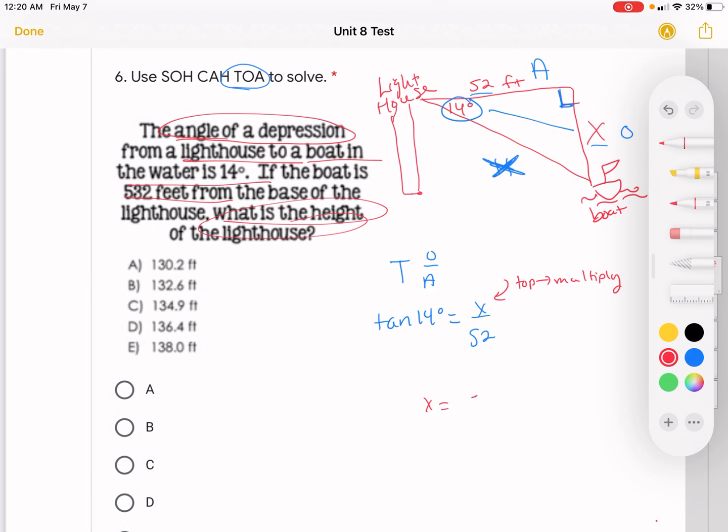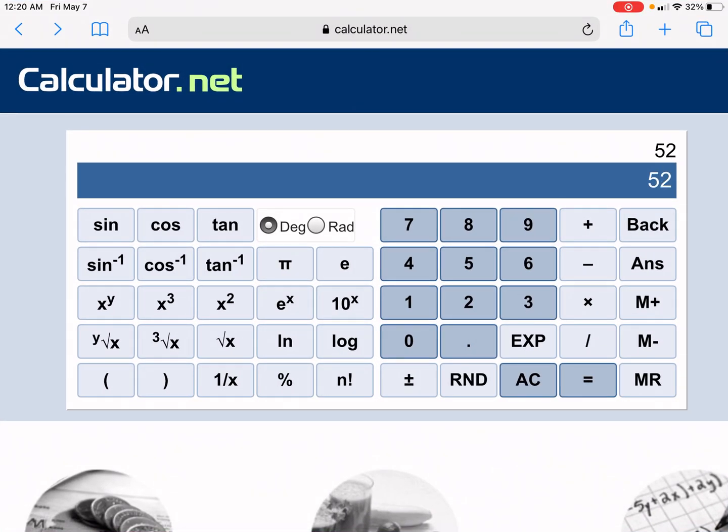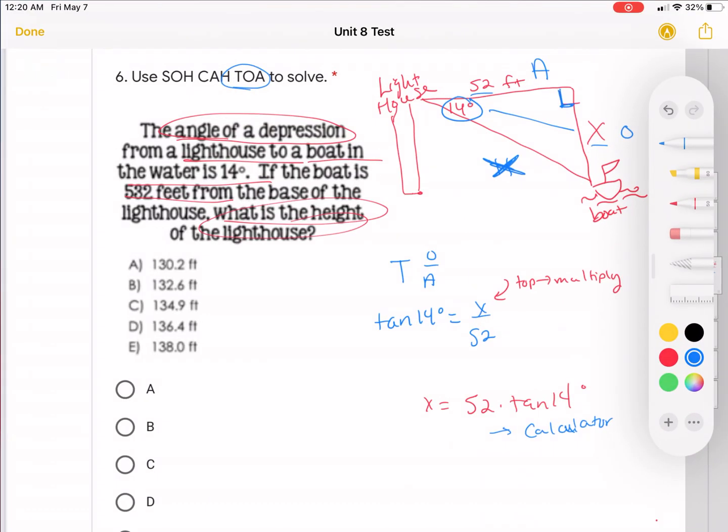So X would be 52 times tan 14 degrees. And now we can plug this into the calculator. That comes out to about 12.965.